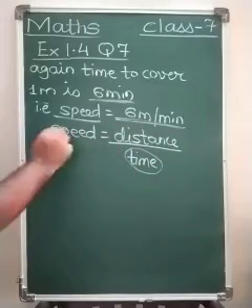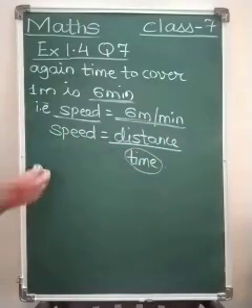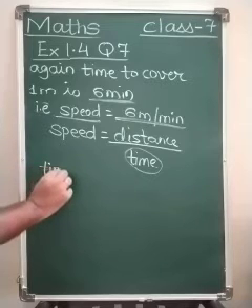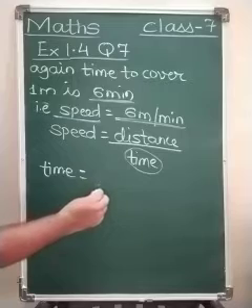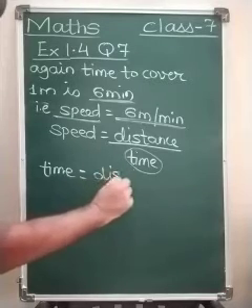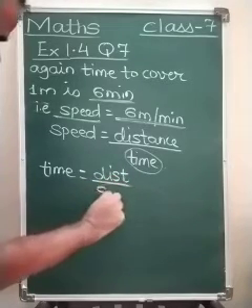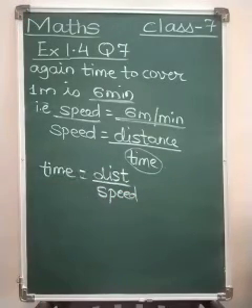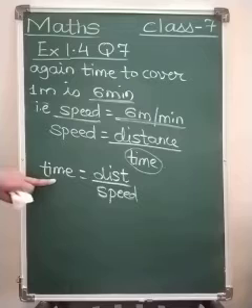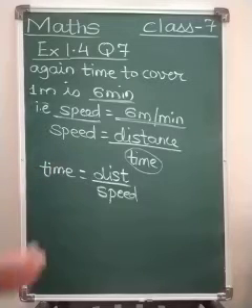So this is the general formula, speed equals distance upon time, and we say time equals distance upon speed. Now what is the time? We don't know this, we have to find out.